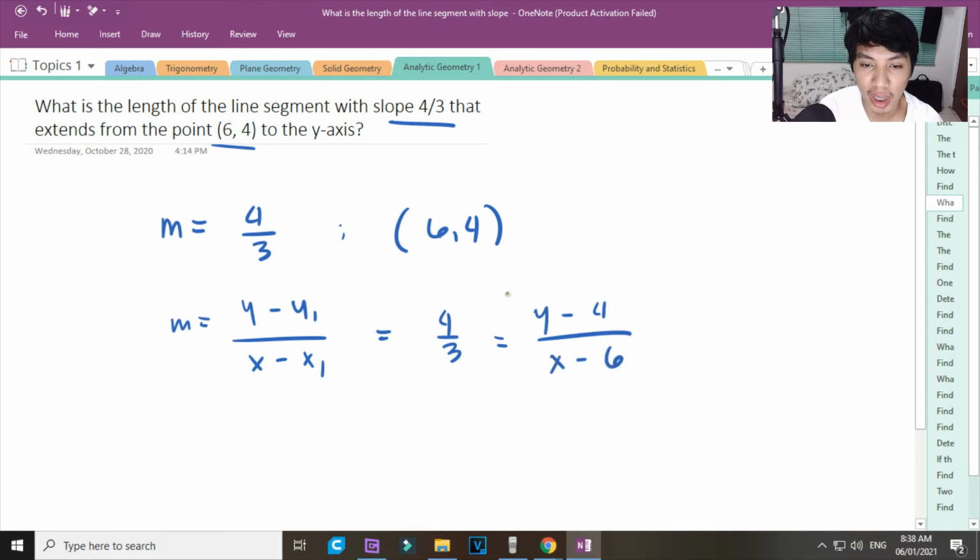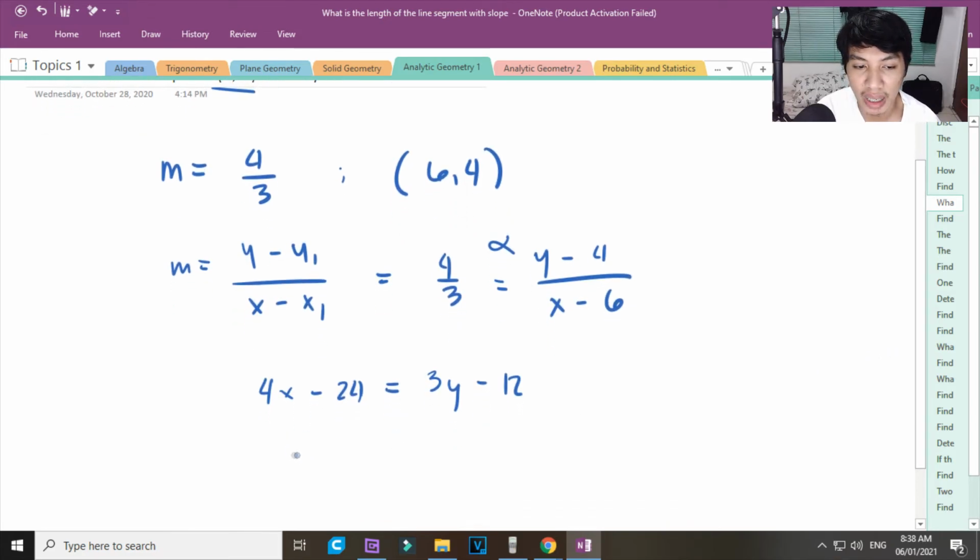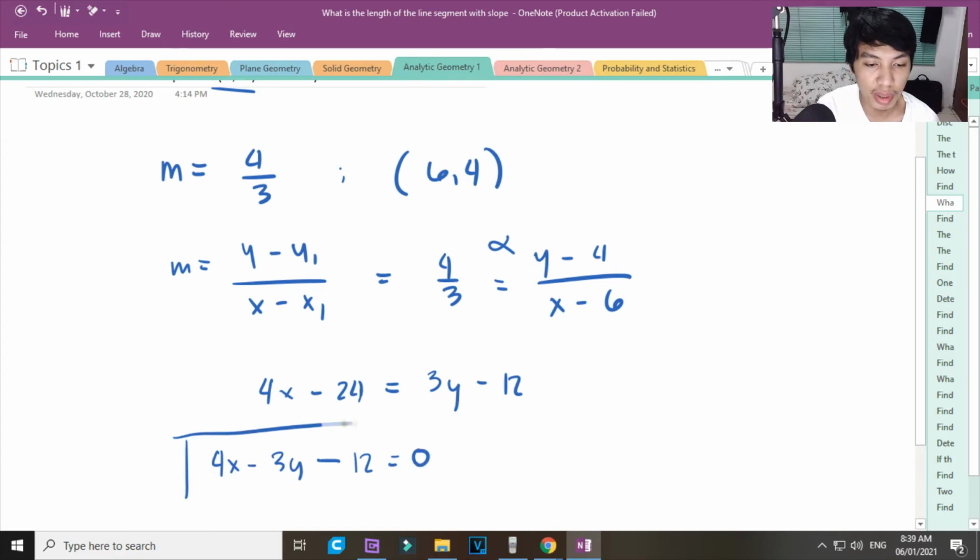Let's cross multiply the two. 4x minus 24 equals 3y minus 12. Let's combine them on one side. That is 4x minus 3y minus 12 equals 0. This is now the equation of the line.